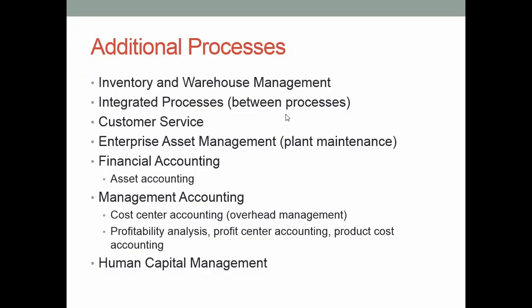Okay, some additional processes to look at. Inventory and warehouse management, inventory processes, customer service, enterprise asset management, financial accounting management, human resource management, and so on. So there are many additional processes that we look at. We don't cover all of these on the SAP side, but we do look at a few of them.